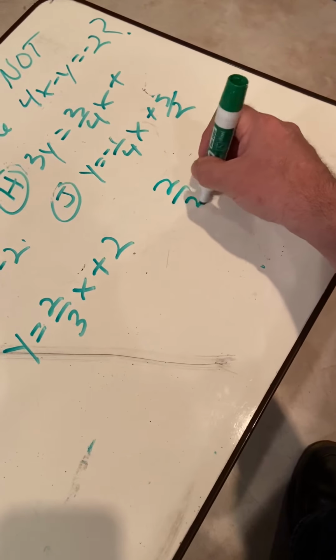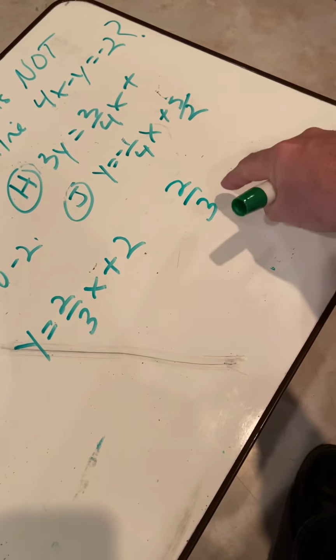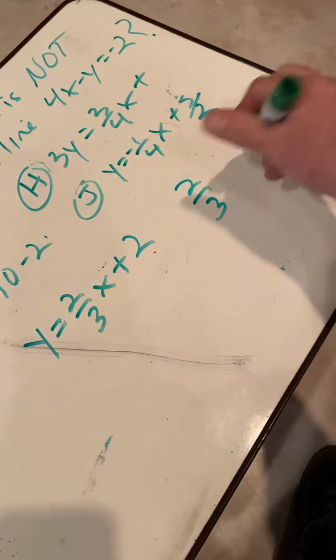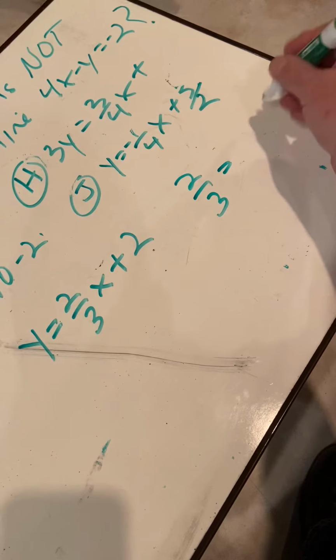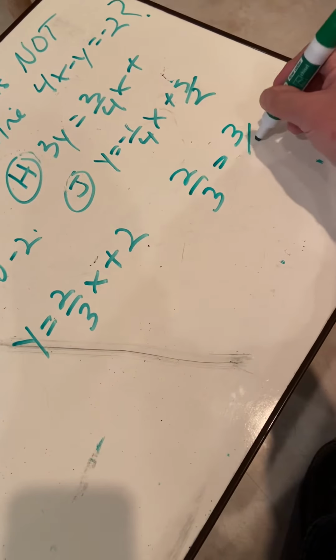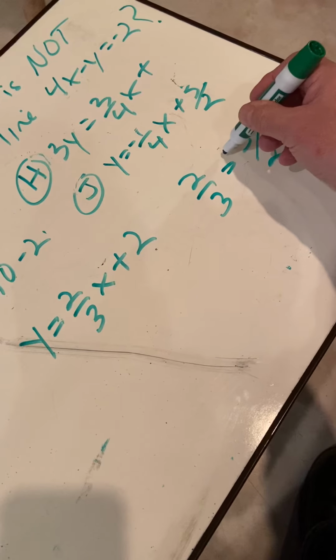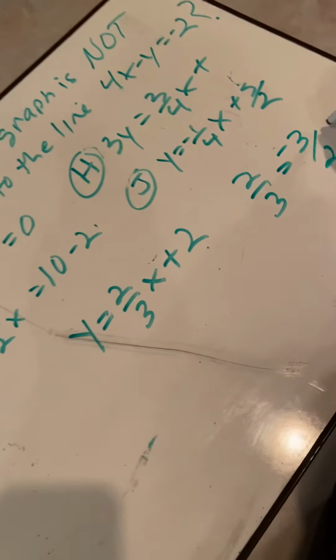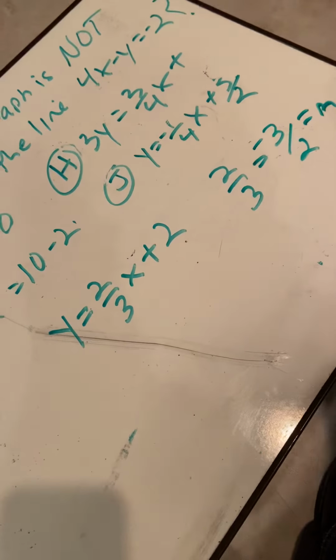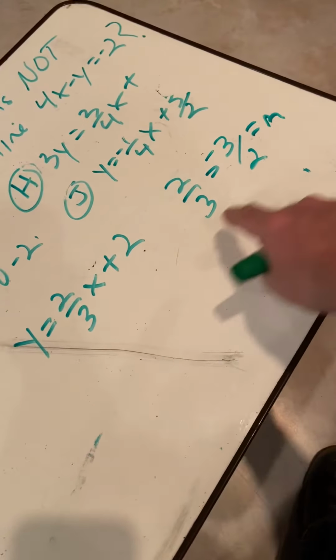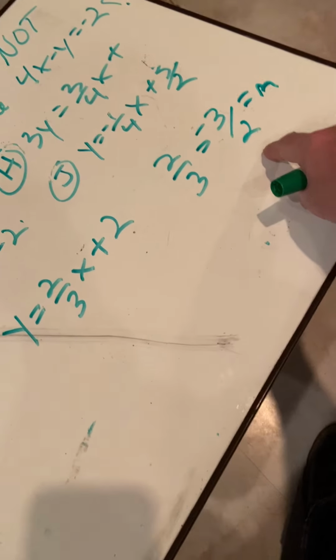So we know that any line that is perpendicular to this line, the slope must be, we flip it over, that's the inverse, and we take the opposite sign. So any line that is perpendicular to this will have negative 3 over 2 as a slope.